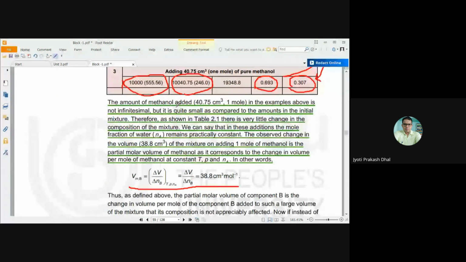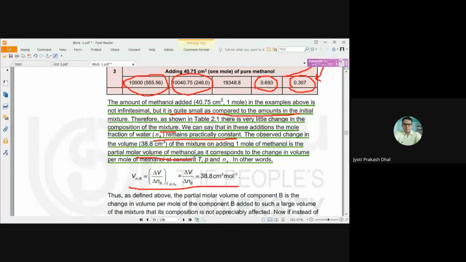So the amount of methanol added in the example above is not infinitesimal, but it is quite small compared to the amount of the initial mixture. Therefore, as shown in table number 1, there is very little change in the composition of the mixture. We can say that in this addition, the mole fraction of the water remains practically constant, and the observed change in volume of the mixture by adding 1 mole of methanol is the partial molar volume of methanol.